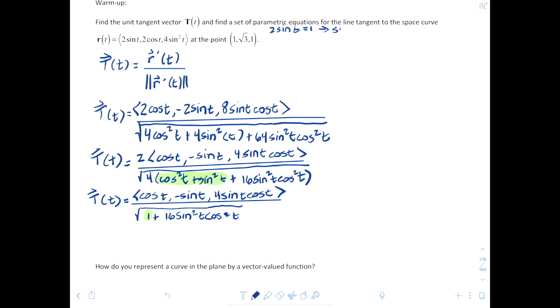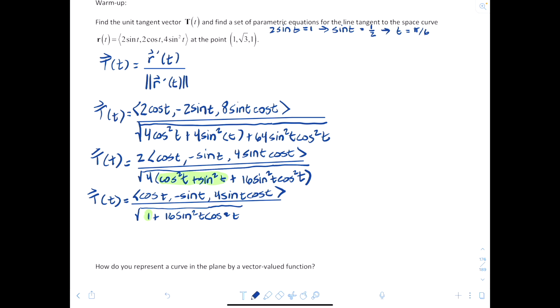So that means that sine at t has to equal a half, which means that t has to be pi over 6 because we are in the first octant. So the first quadrant on the plane satisfies that. All three components have to satisfy that, and if you try each of them, you will find that t must indeed be pi over 6.